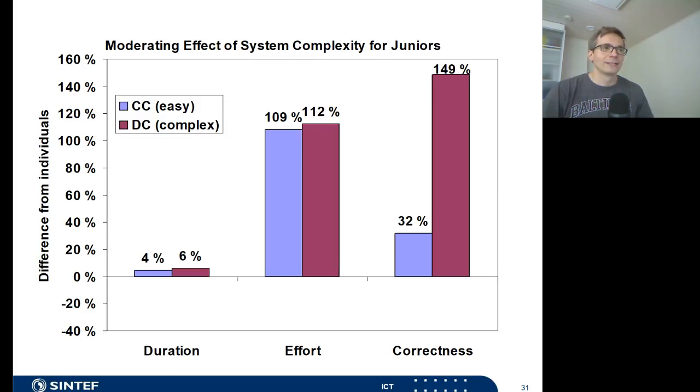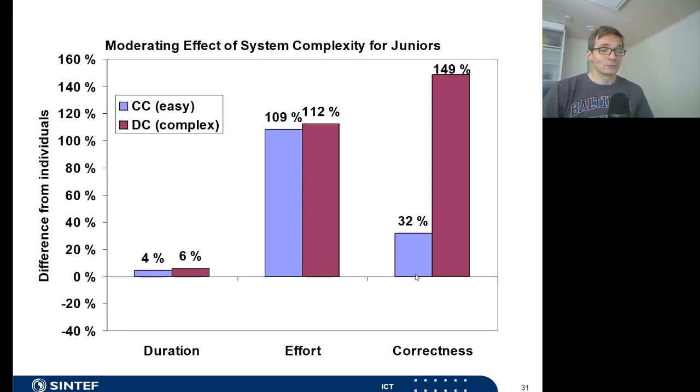An additional factor of system complexity is put on the slide here. We can see that for juniors, the duration and effort are not really dependent on the system complexity. So we have in the blue color CC an easy system, and with the red color we have DC, which is the complex system.